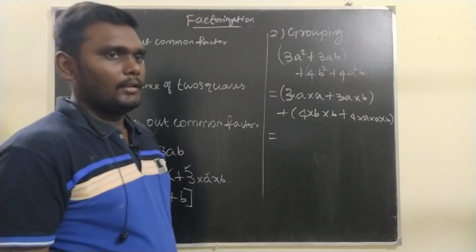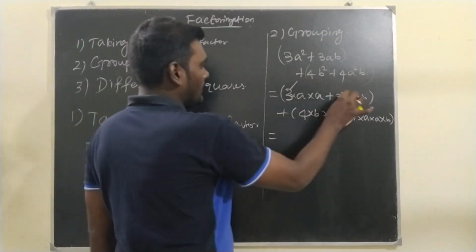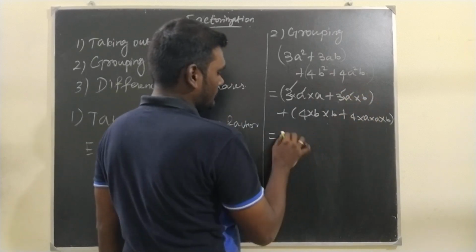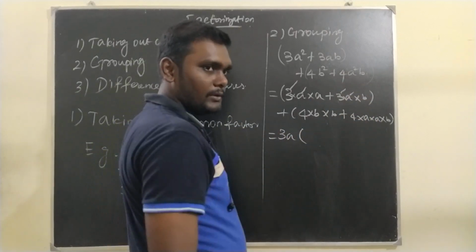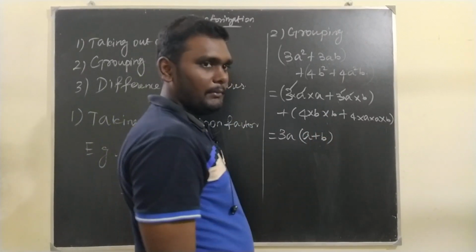Now, in the first group, what is common? 3 is common, a is common. So, 3a will be taken out. The remaining a plus b will be there.